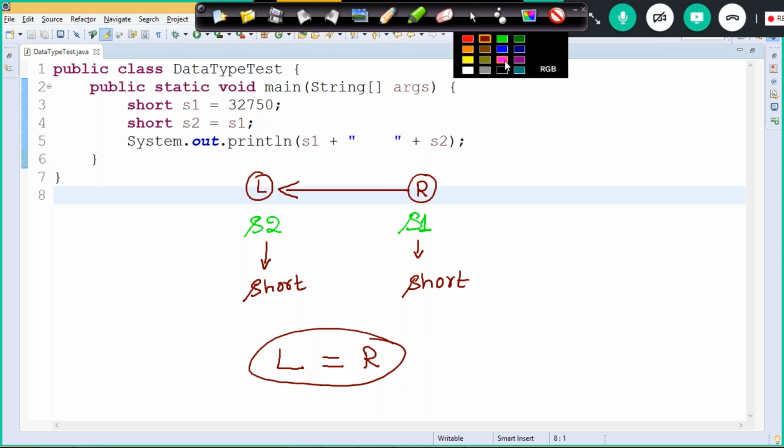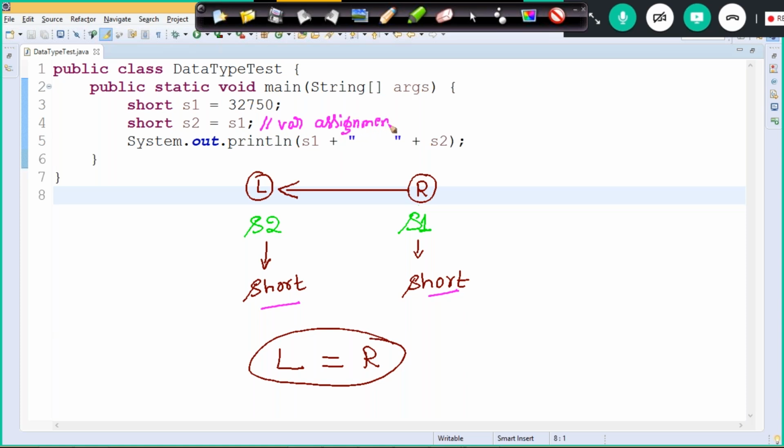I'm not changing from one data type to another. This is simply called variable assignment. There is no typecasting here, right?